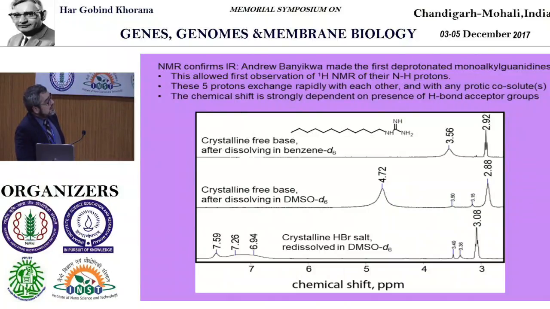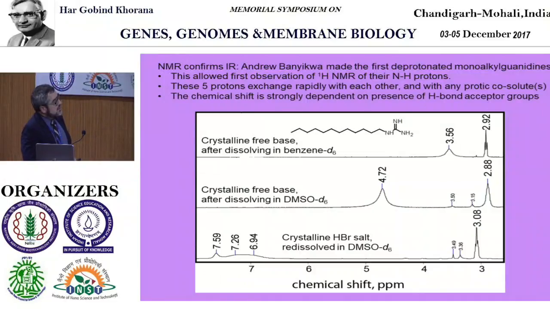So in benzene D6, we observe this at 3.56 parts per million. In DMSO, again the free base, we see that resonance at 4.72. These peaks correspond to an integrated area of 4 protons per dodecyl guanidine.